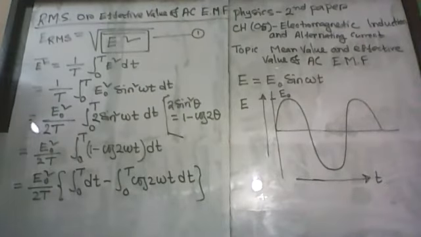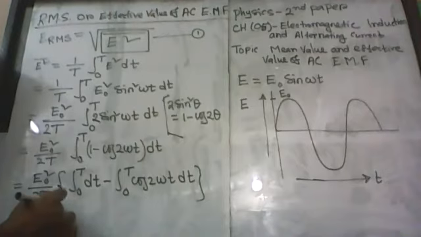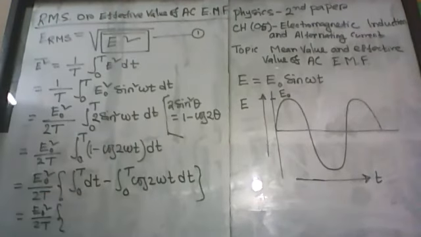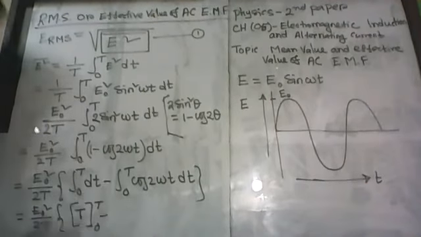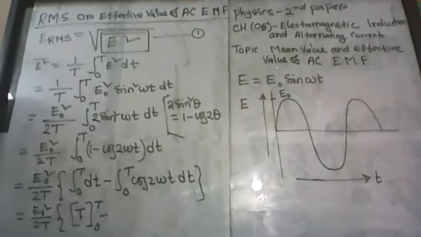Now, boys and girls, I need to solve this equation. E naught square divided by 2 into T, multiplied by, at first you need to solve the integration of dt, which gives only capital T with limits 0 to capital T, minus. After integration of the cos function, you'll get the sine function.